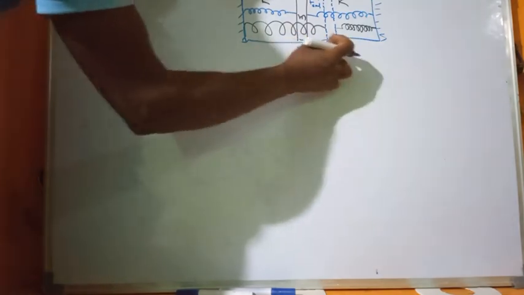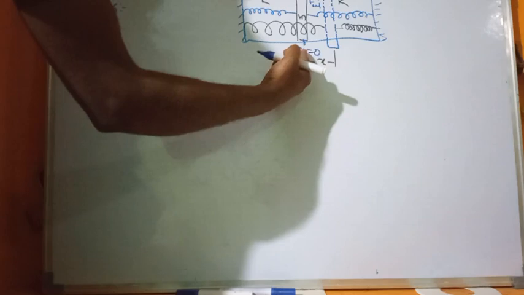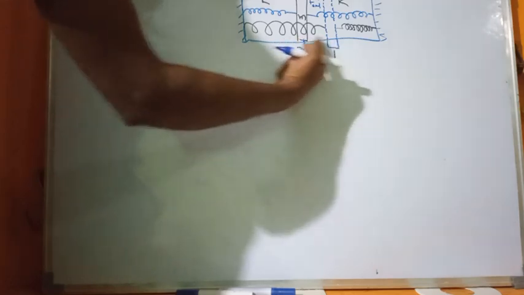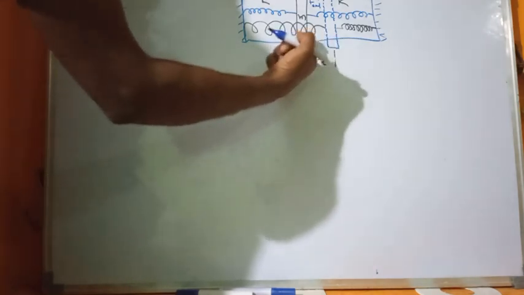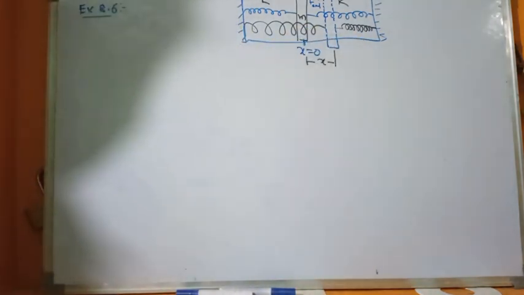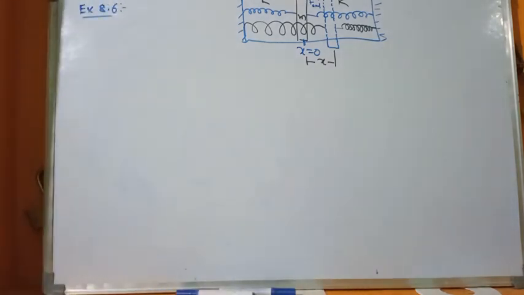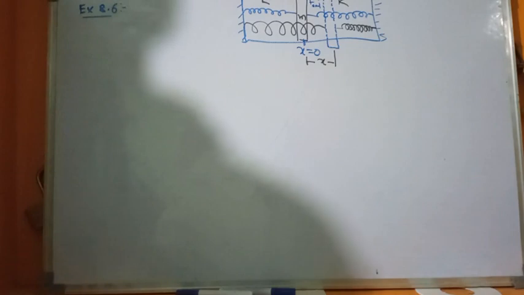After releasing the external force, this block executes simple harmonic motion about its mean position. It oscillates about the mean position in a straight line. If it executes simple harmonic motion, we have to find the time period.